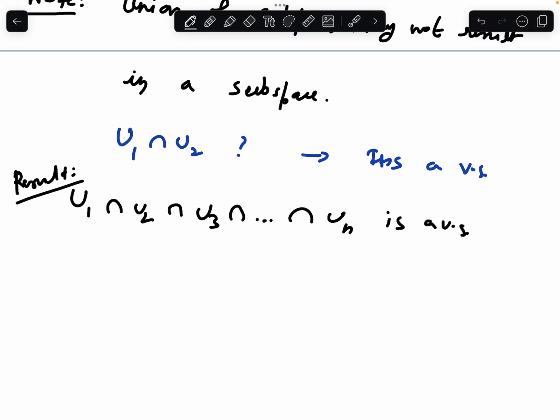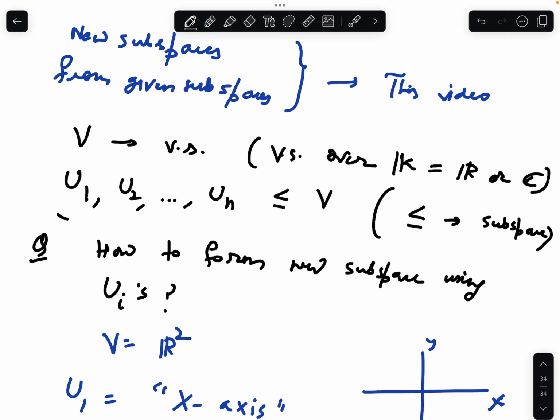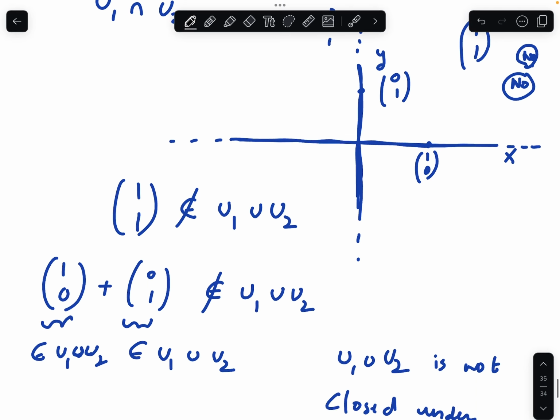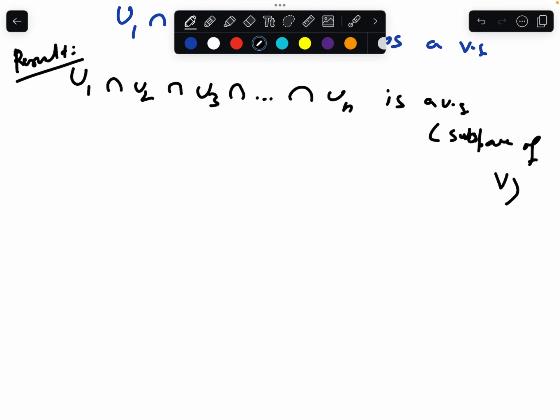So the intersection of subspaces gives you a subspace of V. I'm using these notations here: U1, U2, ..., UN are all subspaces of V. So the intersection gives us a subspace of V. Let's prove it. The proof is really easy.